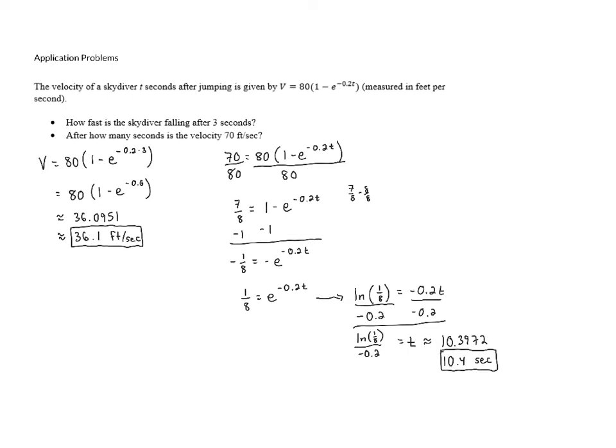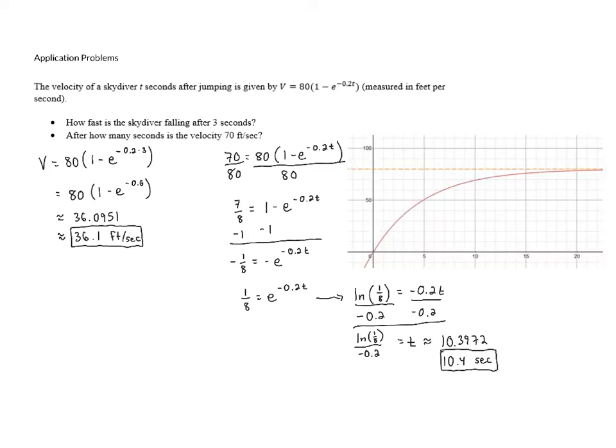Those are our final answers, but I do want to take a moment to talk about why the velocity is modeled off of a function that includes an exponential expression inside. Now here is a graph of the velocity function as a function of time. We know that the moment that the skydiver jumps out of the plane, they are moving at a speed of 0 feet per second.